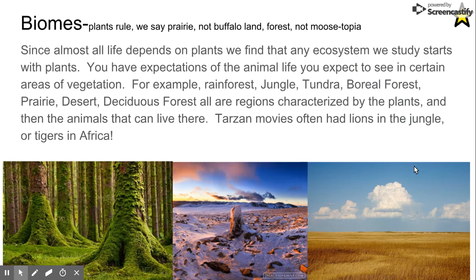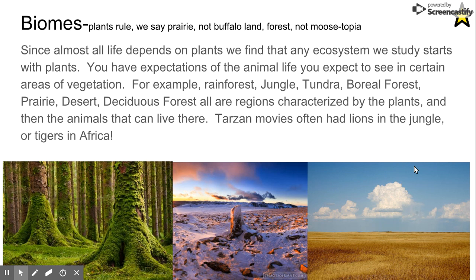Now, since all environments on Earth essentially start with plants, it makes sense that the first breakdown inside the biotic environment would be not breaking it down into smaller spheres like lithosphere, hydrosphere, atmosphere, but we break it down into what are called biomes.